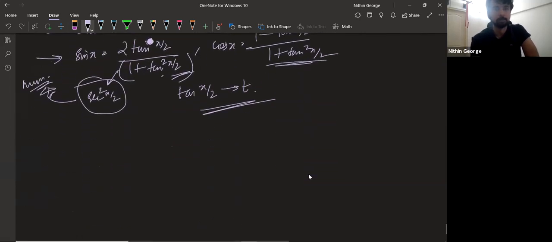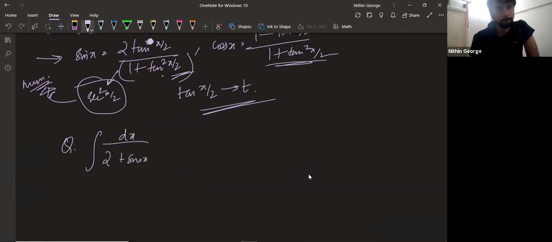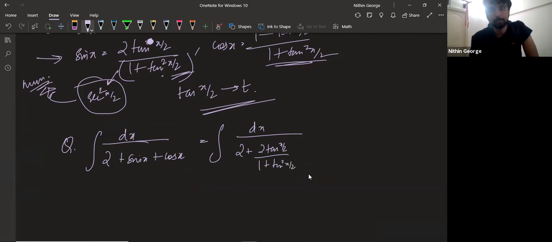Okay. So here, how do we proceed? We'll take one question: 2 plus sin x plus cos x. What do you do here? 2 tan x by 2 divided by 1 plus tan square x by 2, plus 1 minus tan square x by 2 divided by 1 plus tan square x by 2, and 2 into 1 plus tan square x by 2 divided by 1 plus tan square x by 2.